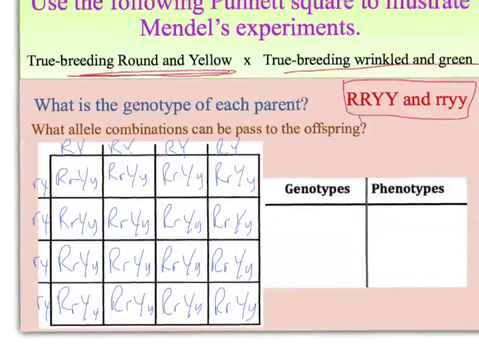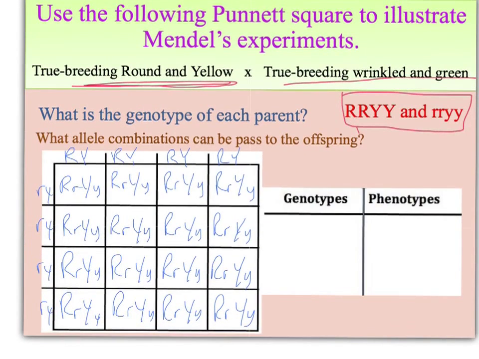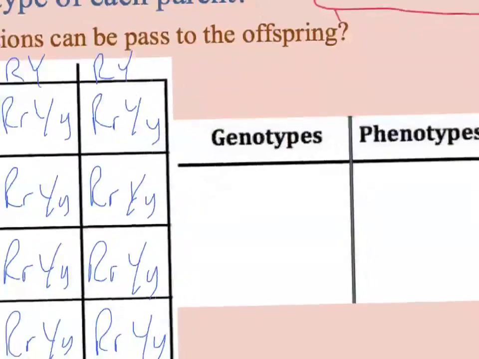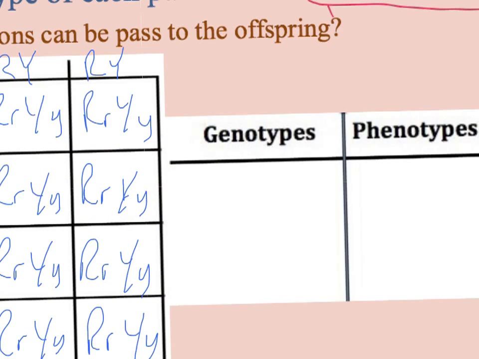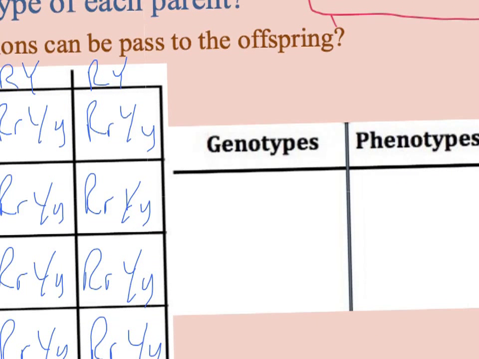All right, now that we have that all filled in, we need to figure out the genotypes and the phenotypes. Okay, now you can see here every single box is a big R, little r, big Y, little y. So what I'm going to have is big R, little r, big Y, little y, and I have 16 out of 16 of those.